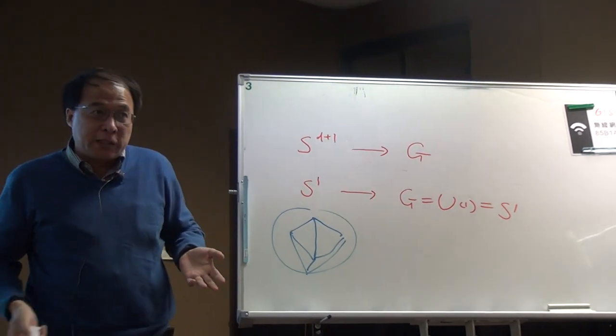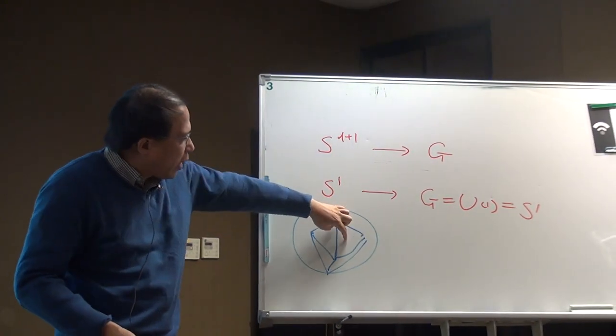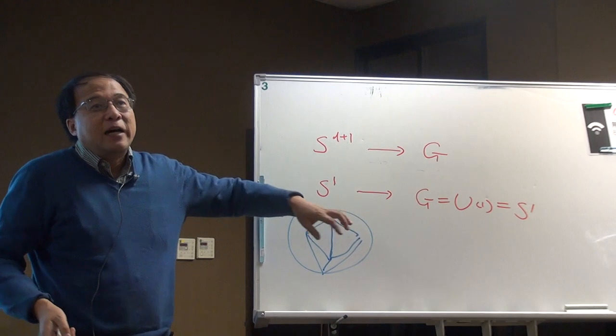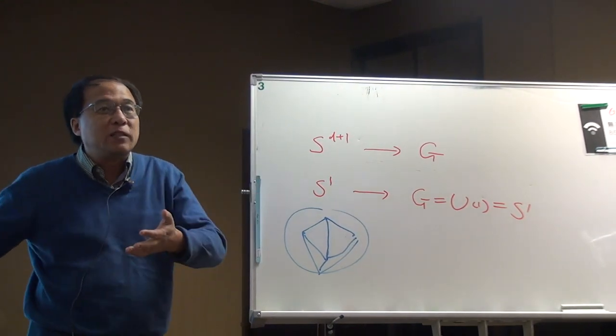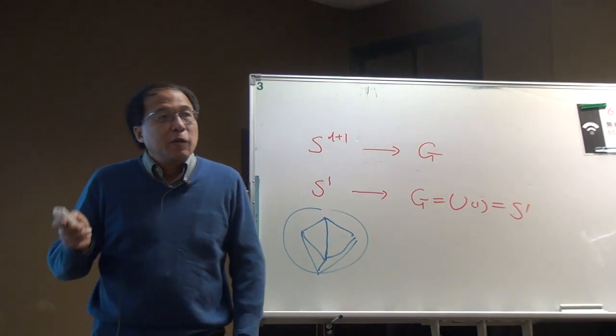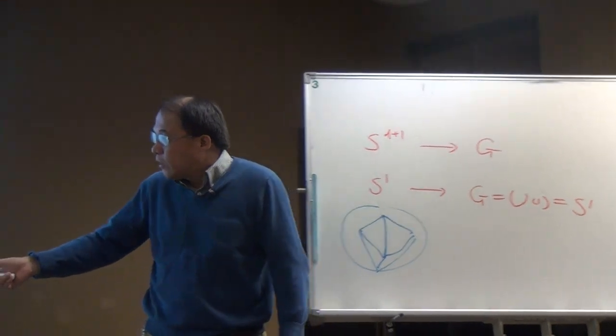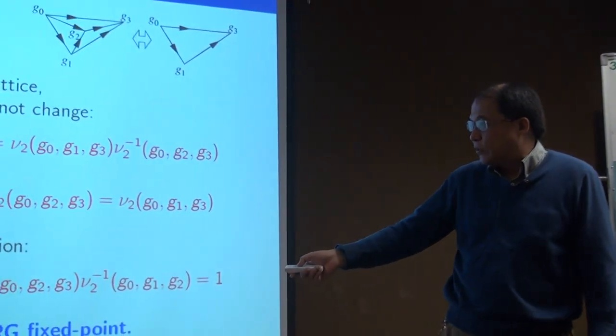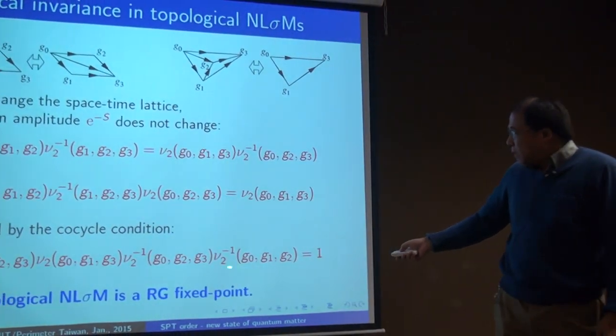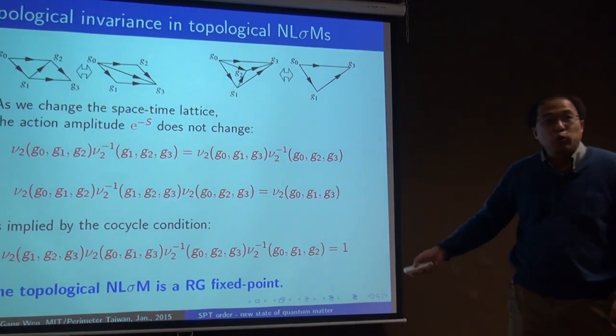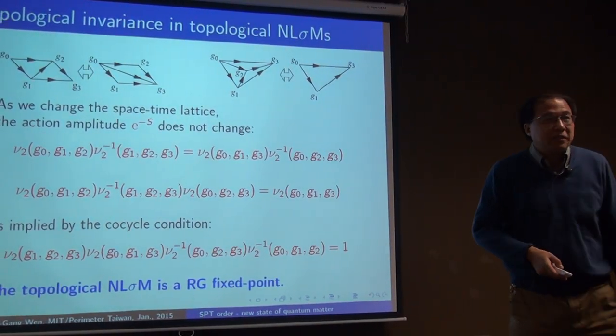In general, they are not the same, because for every triangle we have an amplitude, and when you choose a different triangulation, you have different amplitudes. However, for this particular choice of action amplitude, we find the path integral defined for this kind of nu is triangulation independent.